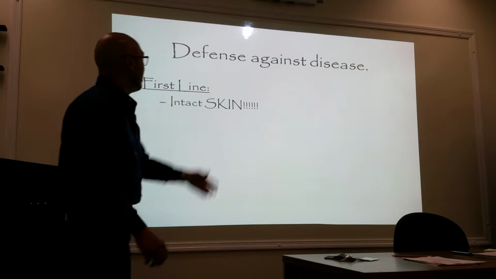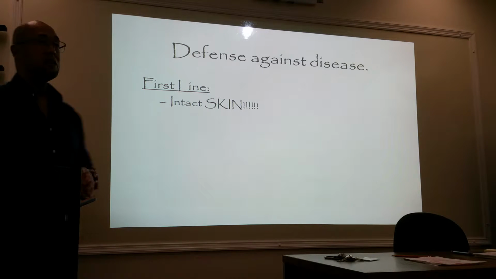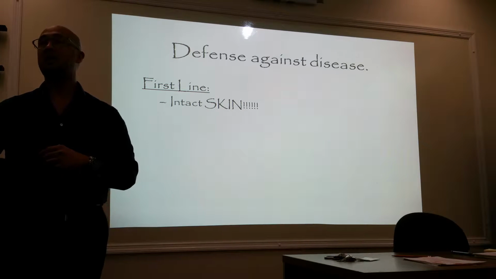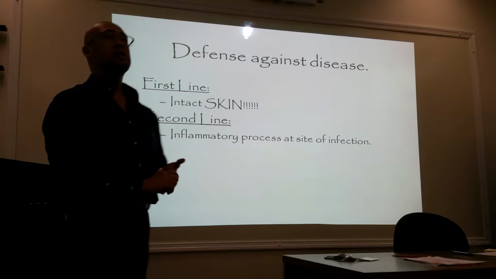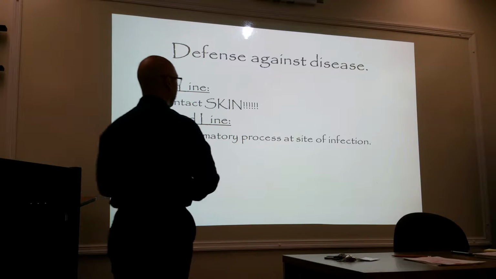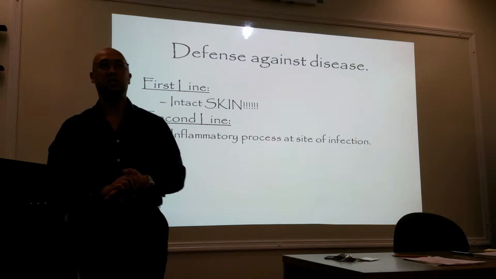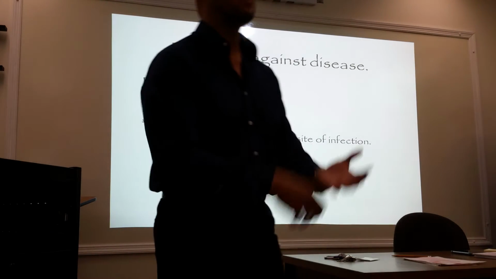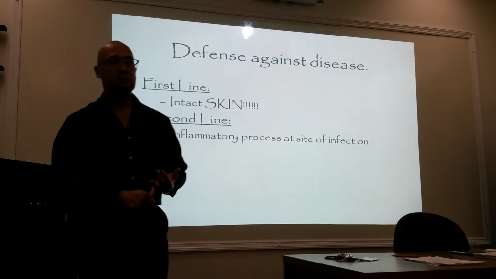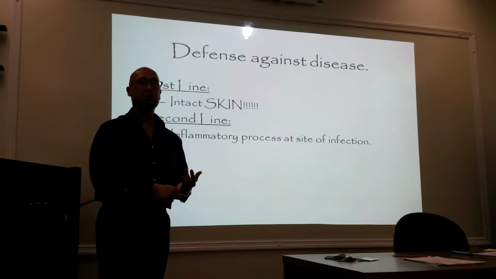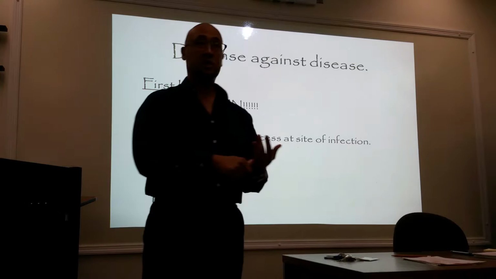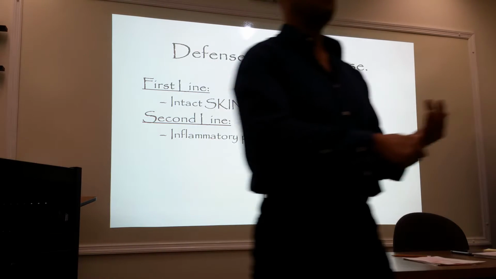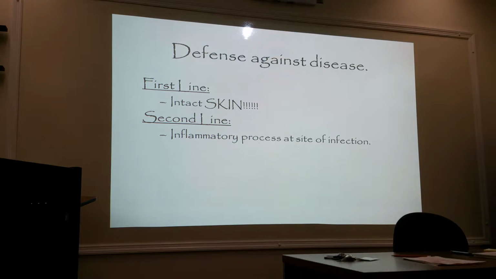Okay, so defense against disease. First line of defense is intact skin. Number two, your second line of defense is the inflammatory process at the site of infection. Your blood is circulating throughout your body. You've got your red blood cells, which carry oxygen and nutrients to your vital tissues and organs. You guys remember that? Within your blood supply, you also have white blood cells.